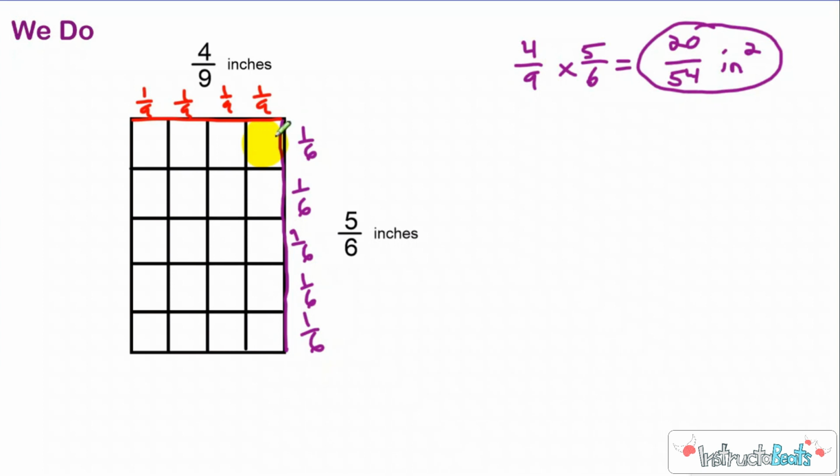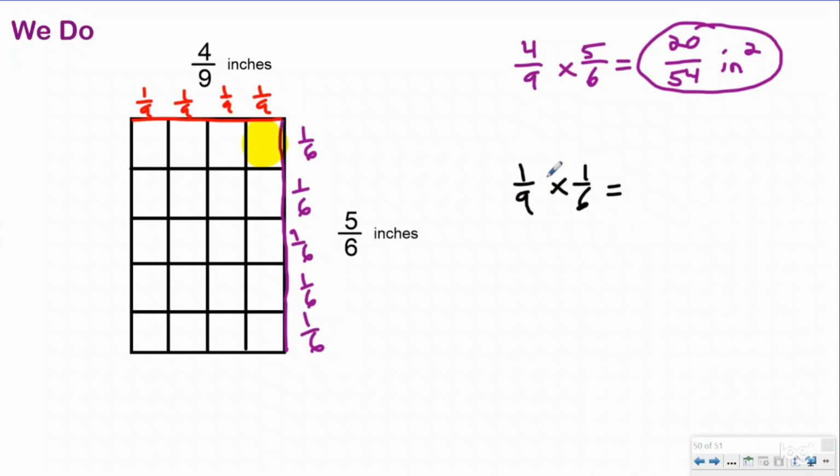We need to find out, hey, what is the area of each of these? And if I have 1/9 times 1/6, and if you need to draw this out, you can check out our how to multiply fractions with a grid, I'm just going to do the shortcut here, that would be 1/54 inches squared. So each of these is 1/54 inches squared. And if you add them all up, we have 4, 8, 12, 16, that makes 20 of them.